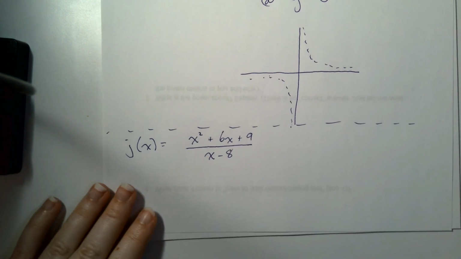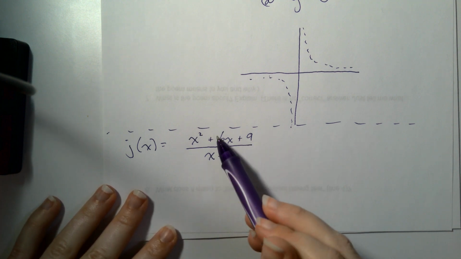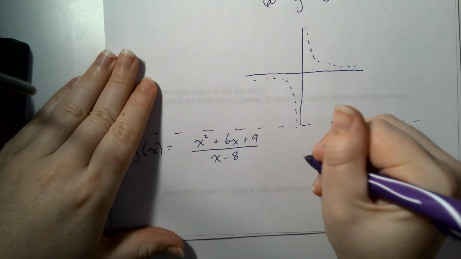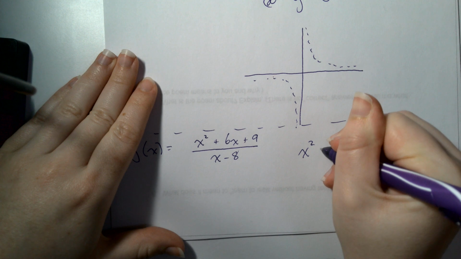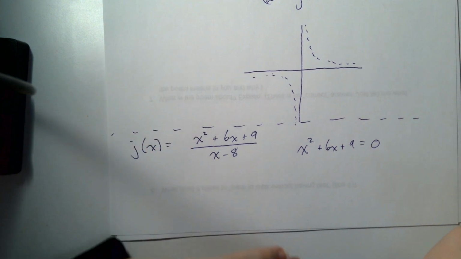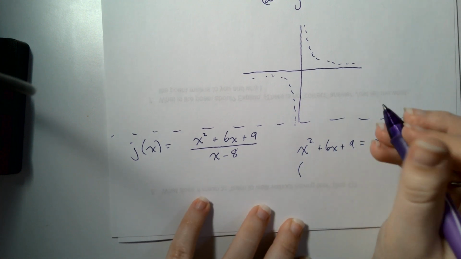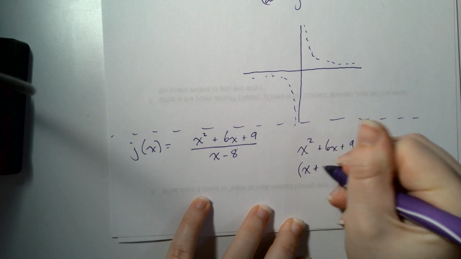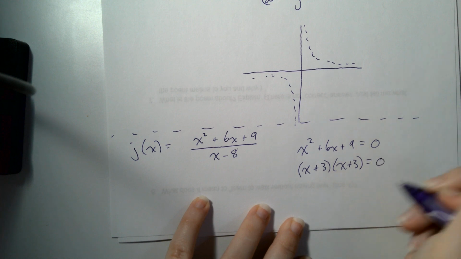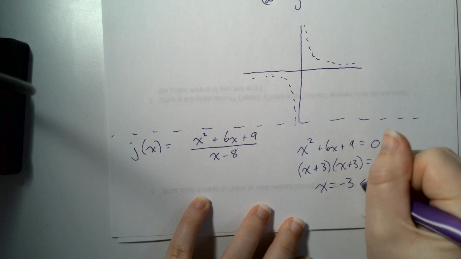Now, remember, we really don't care what's on the bottom, because no matter what's on the bottom, if the top is 0, then the function is 0. So we just want to figure out how we can get x squared plus 6x plus 9 to equal 0. If we think back to Math 2, we can figure that out by factoring. We get x plus 3 times x plus 3. So x is going to equal negative 3. That's our x-intercept.